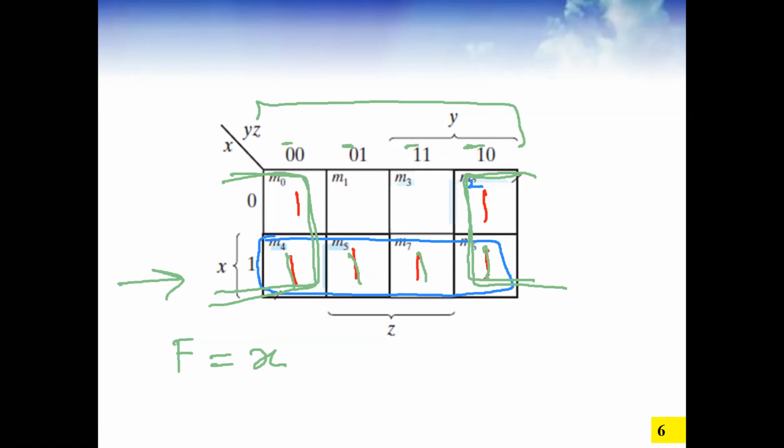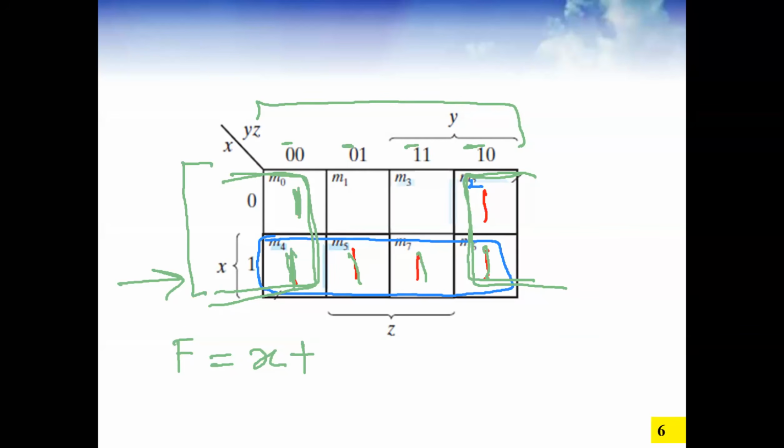Now go for the green color. When you look at the green color, you will observe that the column is completely filled with ones, this one and this one. When I try to get something common from this side, I will see that the value of X is changing, 0 and 1, so nothing is common this side.